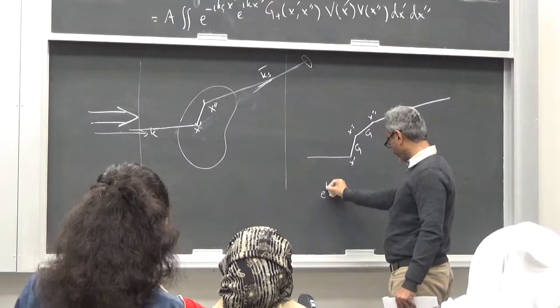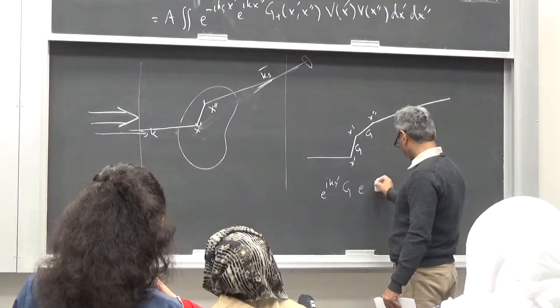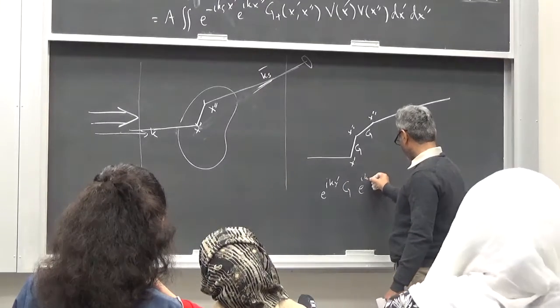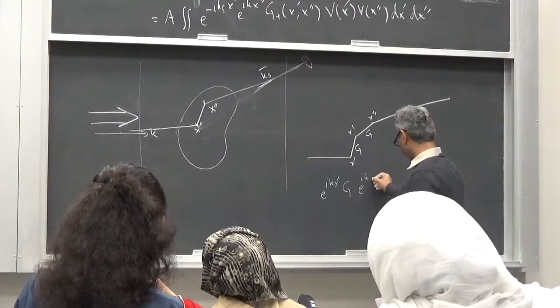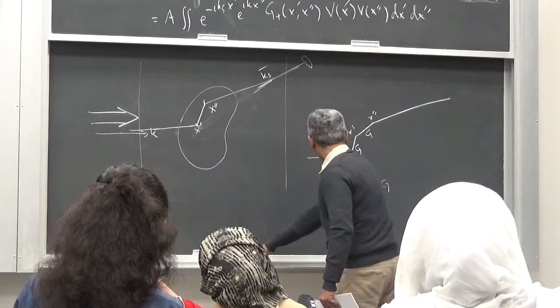So you are coming in, right? And then you have a g, then you have e to the i k x double prime, then we have a g. Sorry, this is not.